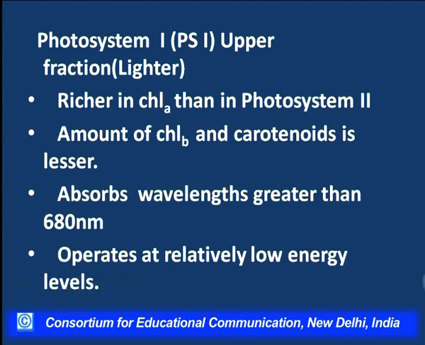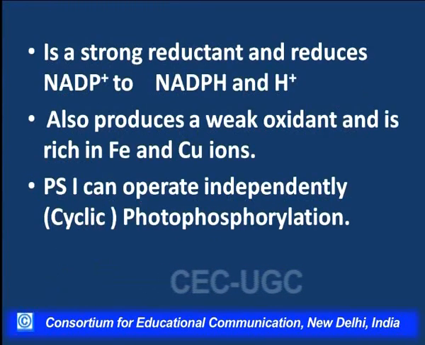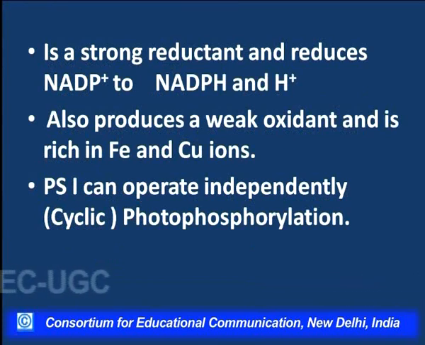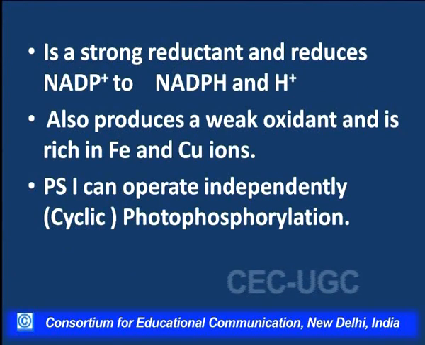However, the amount of chlorophyll B and carotenoids is more in the PS2, and this PS1 is going to absorb light wavelengths at greater than 680, so naturally it is working at a relatively low energy level. It is because we had the ferredoxin reducing substance, this PS1 is a very strong reductant and a weak oxidant.